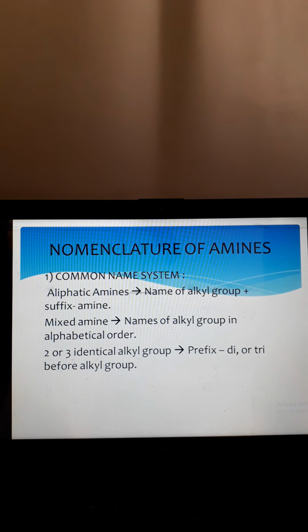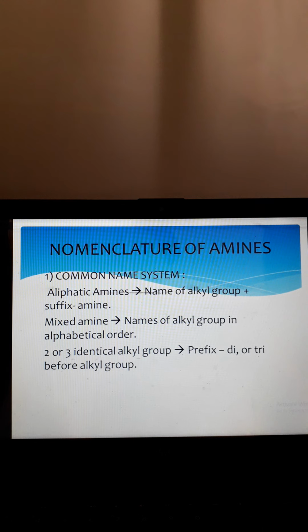In mixed amines, we name the alkyl groups in alphabetical order. We know that in mixed amines there are two alkyl groups. Either the two alkyl groups will be similar or they will be different. If they are different, we can name them on the basis of alphabetical order.